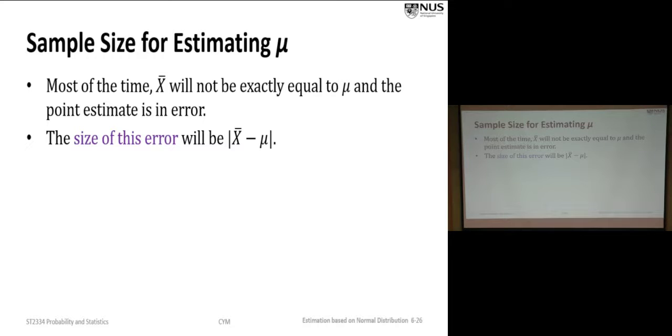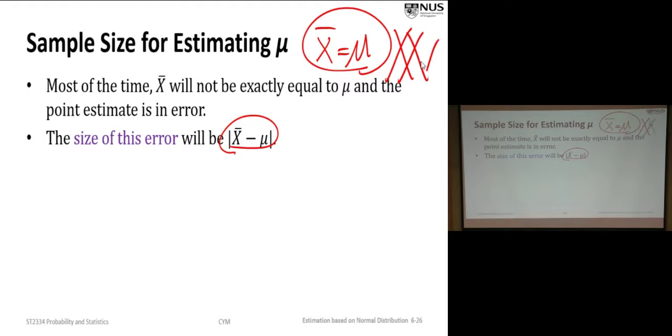So here is this one, x bar minus mu. Remember, x bar is a random sample estimator that you use to estimate your mu. And because it's a random variable, you don't expect x bar to equal mu. All right? Remember, this is wrong.